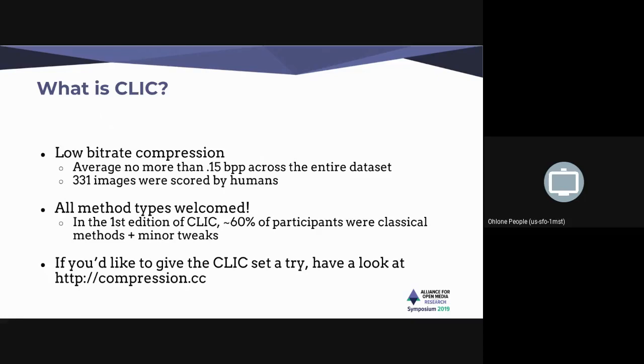And in the first edition of CLIC, which was in 2018, 60% of participants used VVC or some other derived technology, like maybe H.265 sometimes and so forth. So from the standpoint, it was just showing that the field is not very mature because there aren't that many different compression algorithms available.